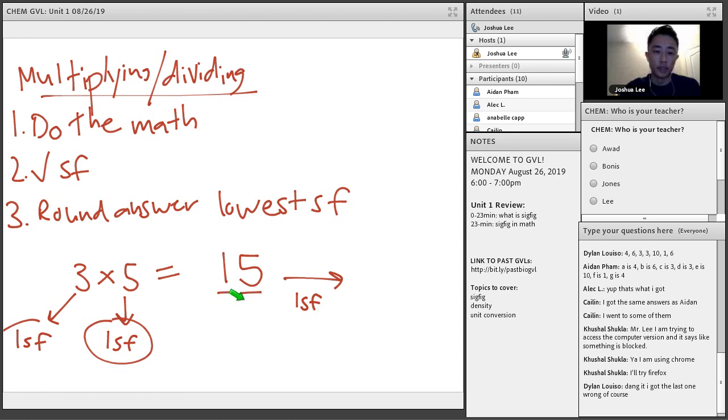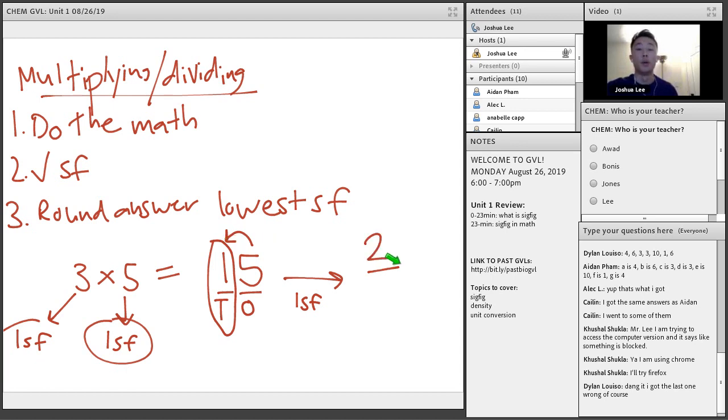Remember, this is in my tens place, this is in my ones place. I want to keep my biggest sig fig, so that's going to be the tens place. I want to keep this 1, but I have to check to see if I have to round. And I do have to round because it's a 5. That means that 1 is going to become a 2. But remember, where is this 2? What place?